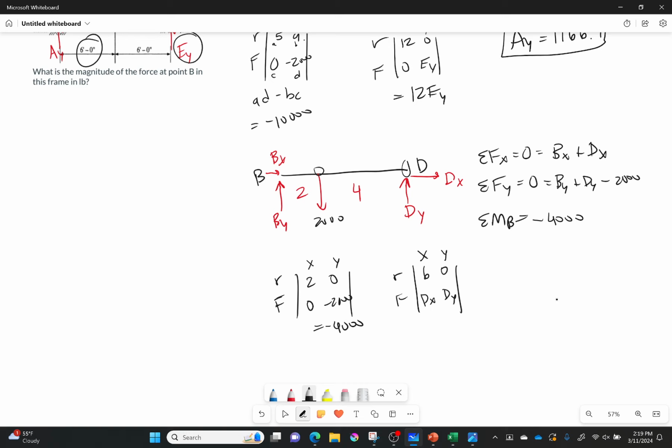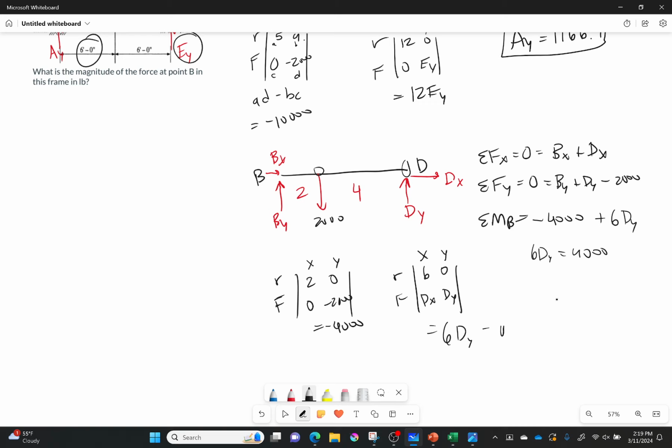Now we do the whole AD minus BC thing again. So AD, that's 6 dy, minus BC, that's 0 times dx, that's just 0. So I get 6 dy. So I can solve that. 6 dy is equal to 4,000. And what is that? Oop, I nearly dropped my phone. Woo! I don't want to drop my phone.